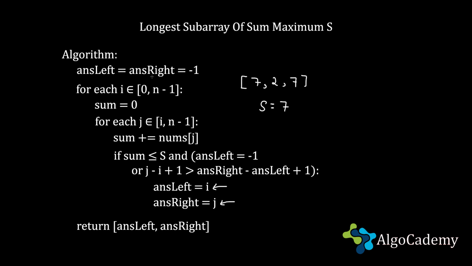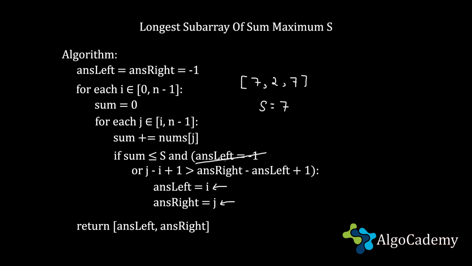So initially, both of them are -1. i is 0, j is 0, the sum is 7, which is less than or equal to s. But if I didn't have this, I would have checked only if j minus i plus 1 is greater than ansRight minus ansLeft plus 1, which doesn't happen because ansLeft and ansRight are both -1.